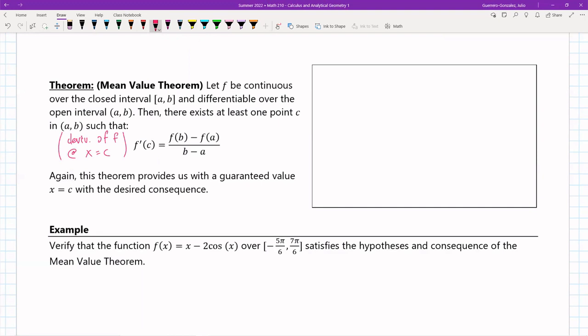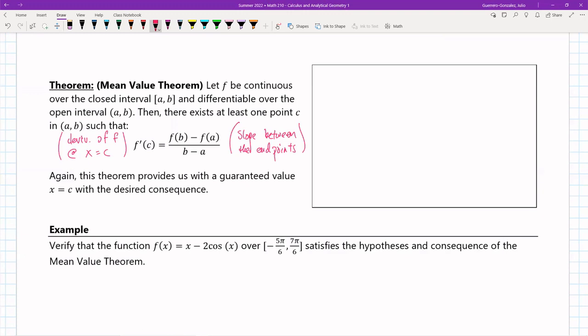We're taking the derivative of f at a specific point c. And this other side should look familiar. It looks like a slope, and it is. It's the slope between the endpoints. So that's what the right-hand side means: the slope between the endpoints.